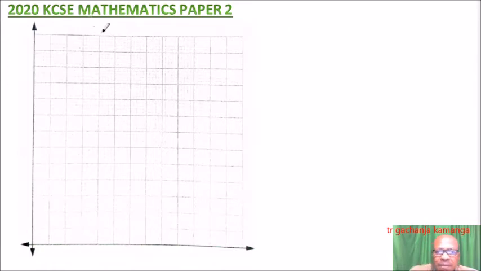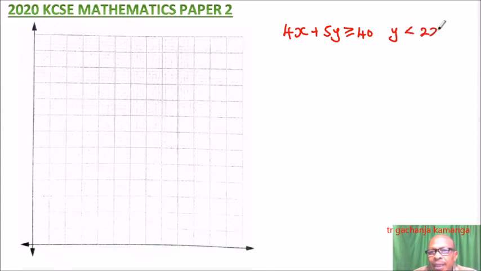The first one we have found is 4x plus 5y is greater or equal to 40. The other one is y is less than 2x. And the third one, the very significant one, is x is less than or equal to 6.